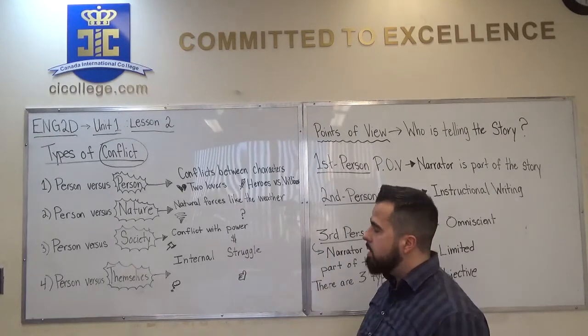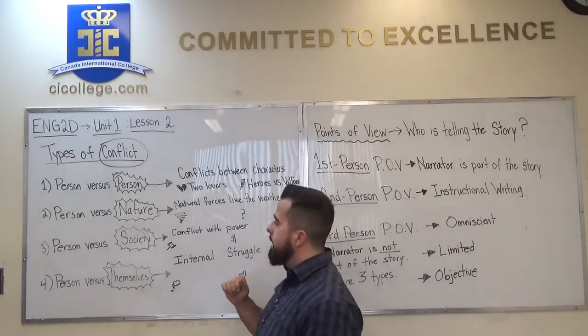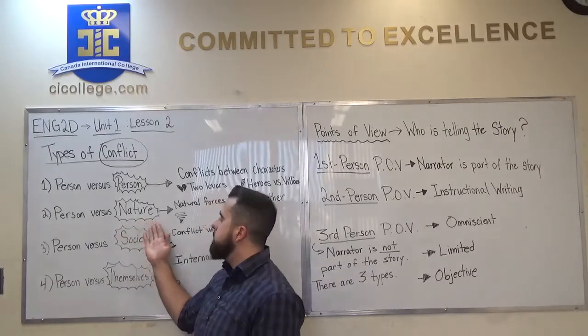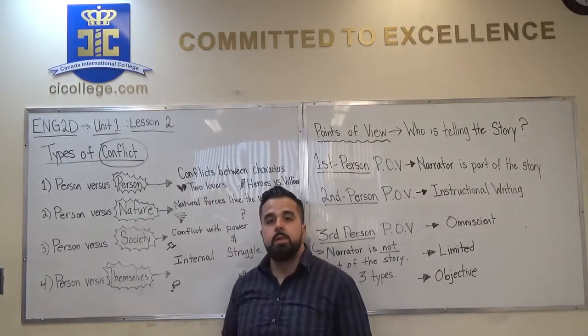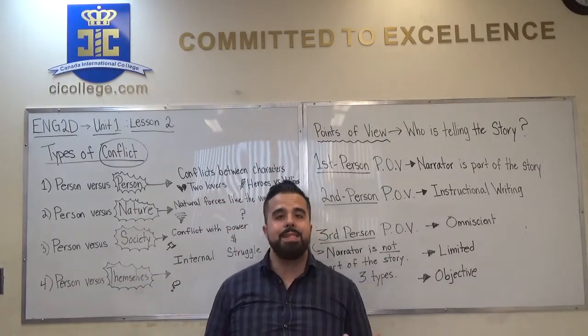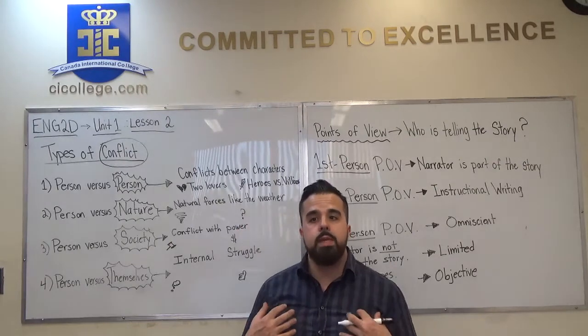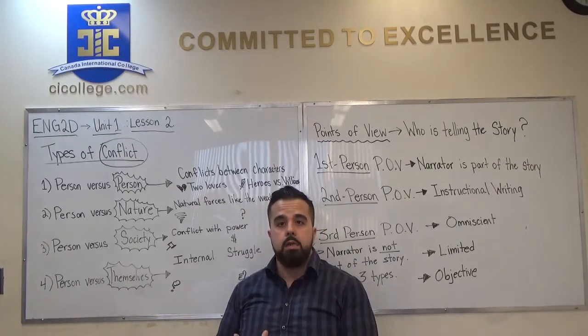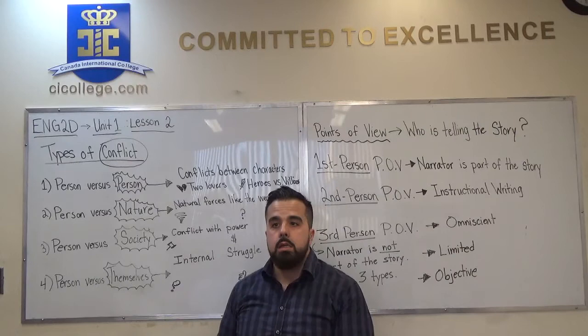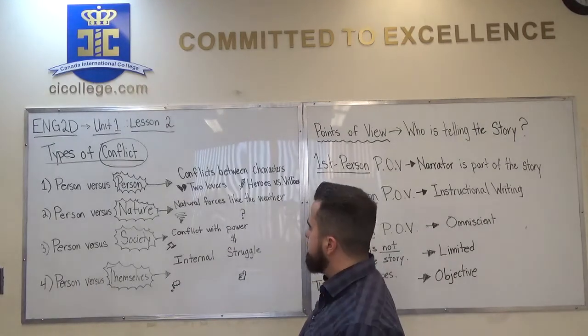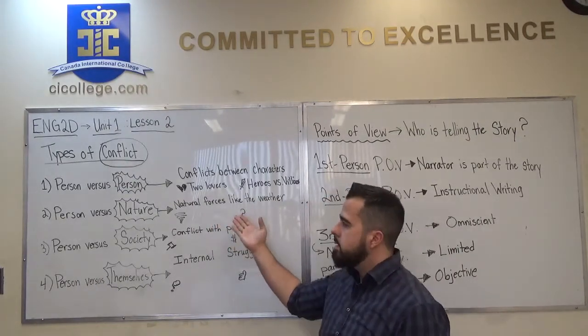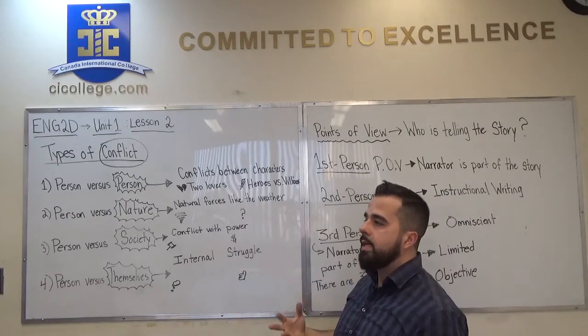That's the first one. Let's look at person versus nature. So when we talk about nature, we talk about the natural environment. Things that happen that are out of human beings' control, like the weather, location. So let's have a look. Natural forces come into contact with people, and that creates conflict.